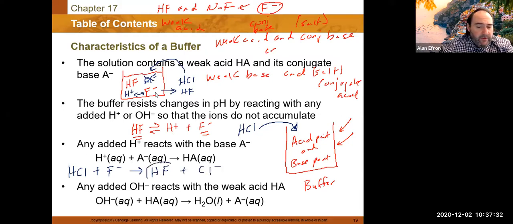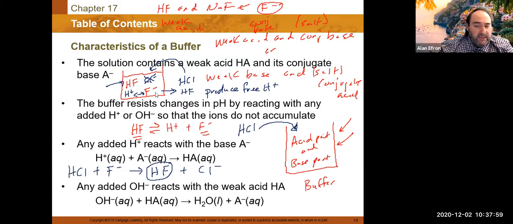And what we produced is more HF than was there originally, which is not going to mess up the pH at all. More importantly, as we talked about at the end last time, we don't produce any more free H plus. It's that production of free H plus that makes the pH go crazy and drop or go higher or lower a lot.